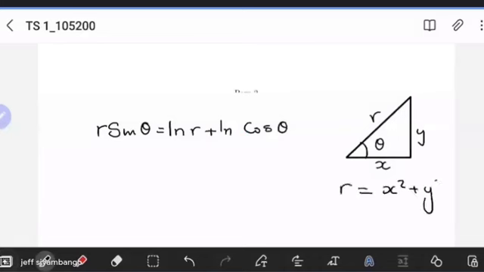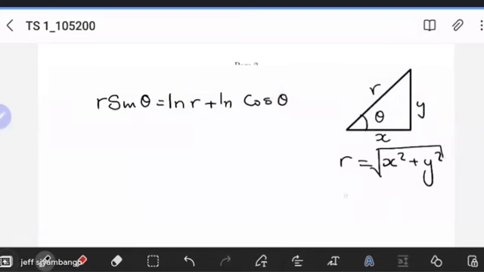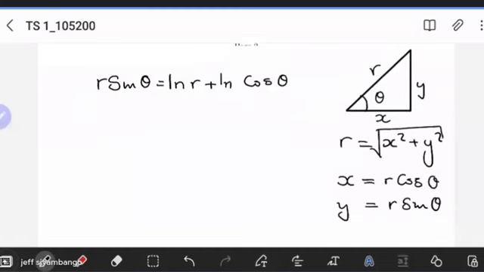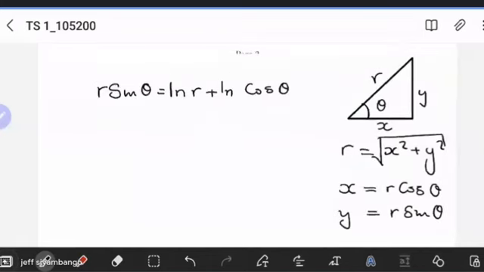Secondly, by SOHCAHTOA, x will be equal to r cos theta, and y will be equal to r sine theta. So these are some of the key things that you want to take advantage of. There are more that we can use, but for this question, this should be enough.